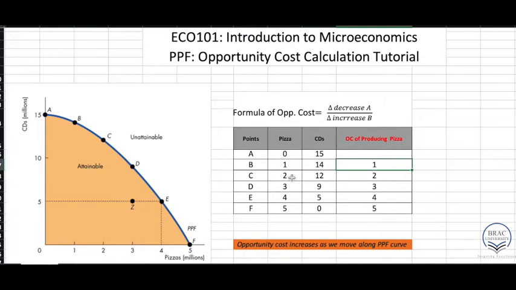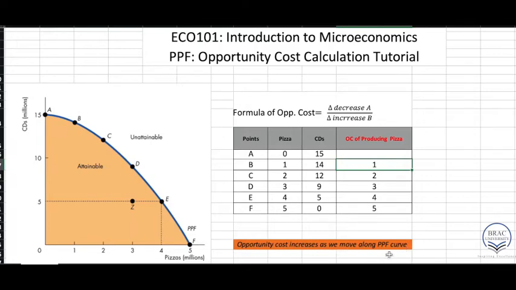Once again, the opportunity cost of producing the third pizza, just 1 more additional pizza, this time you are giving up 3 CDs. And the opportunity cost of making 1 more additional pizza, this time you are giving up 4 CDs. So therefore, this proves that as we move along the PPF curve, the opportunity cost increases.